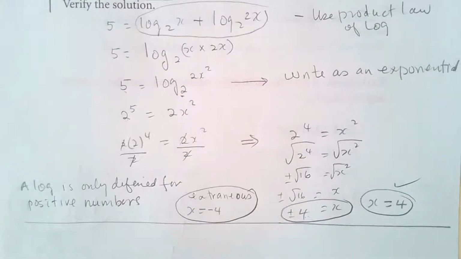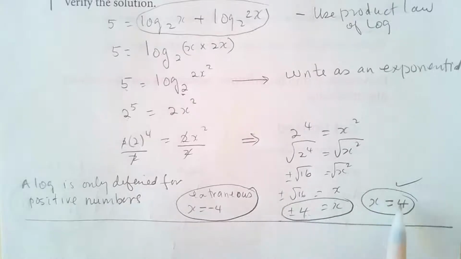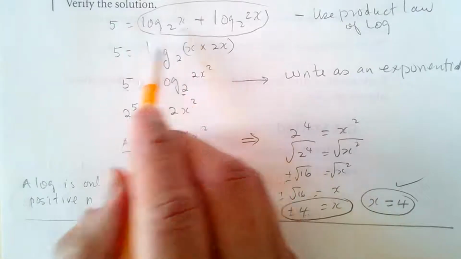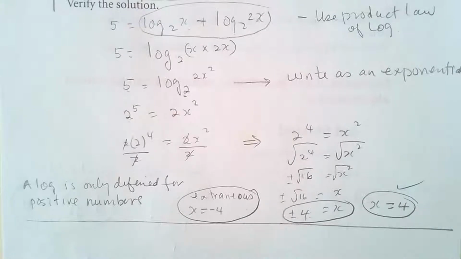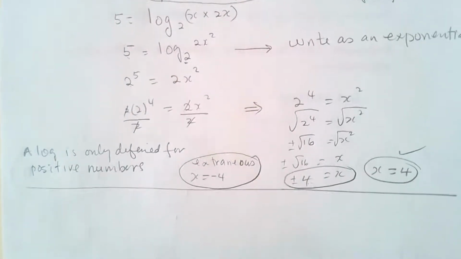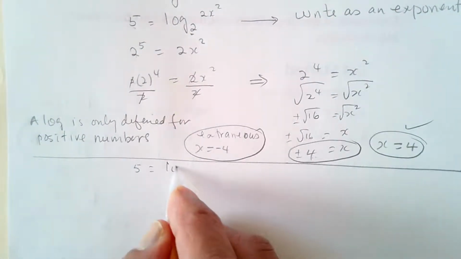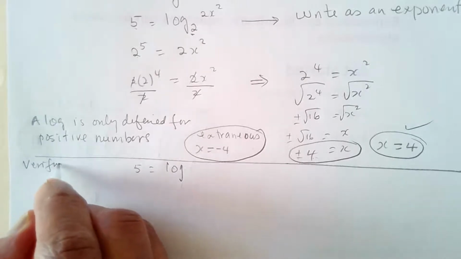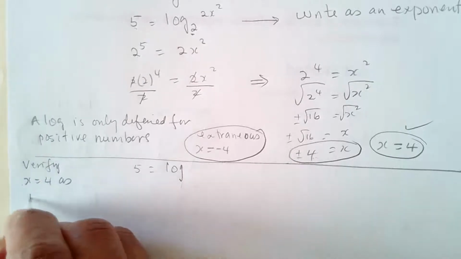Now we can go ahead and verify it, as we did earlier in the first example, by substituting positive 4 for x and solving. See if the right side is equal to the left side. Let's rewrite: 5 is equal to log base 2 of x plus log base 2 of 2x. So here we're going to verify x equals 4 as the solution.